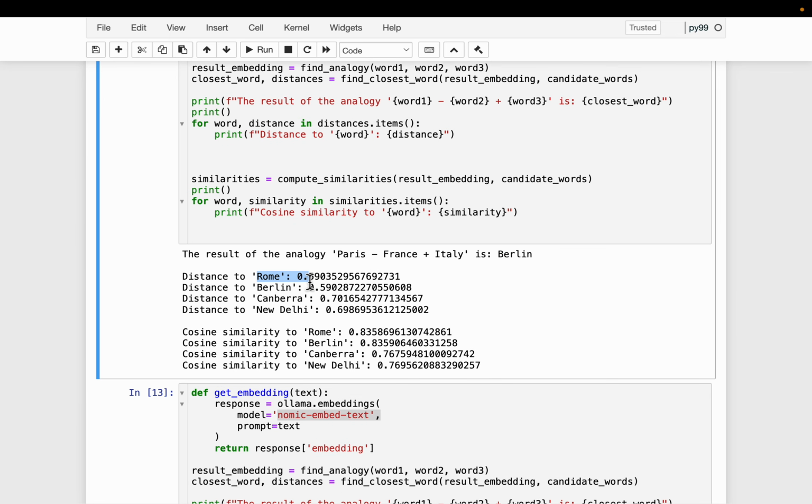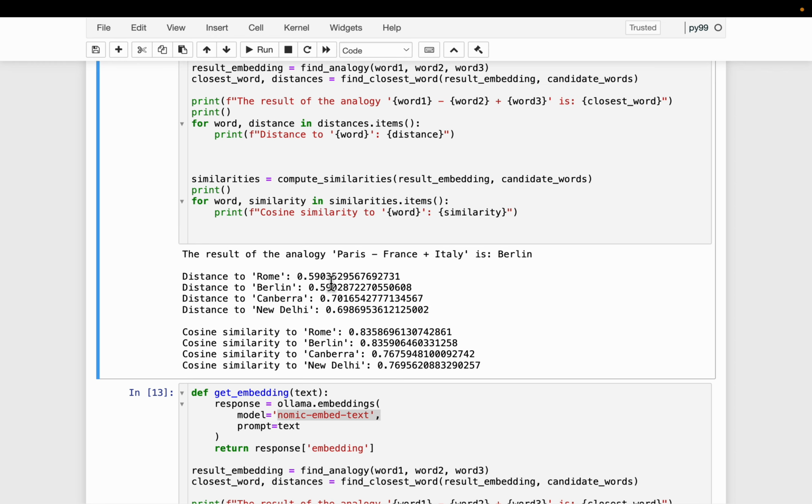Between Rome and Berlin, there is a tiny fraction. Up to 3 decimal places, 0.590, the distance is exactly the same. So only in the 4th decimal point is Berlin closer to the left-hand side compared to Rome.